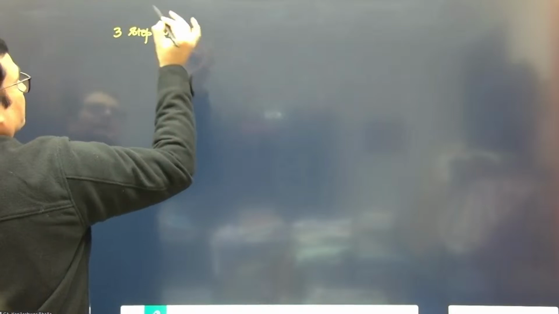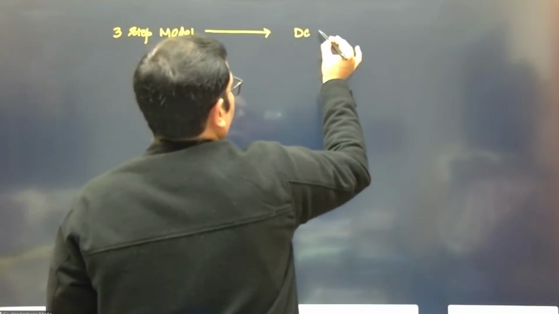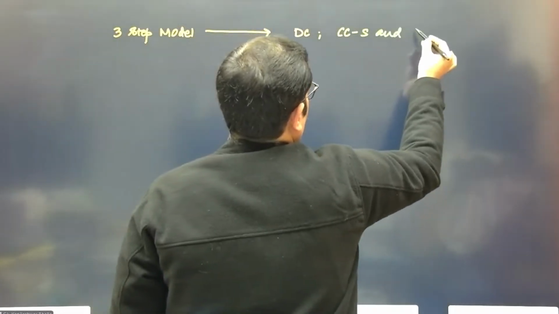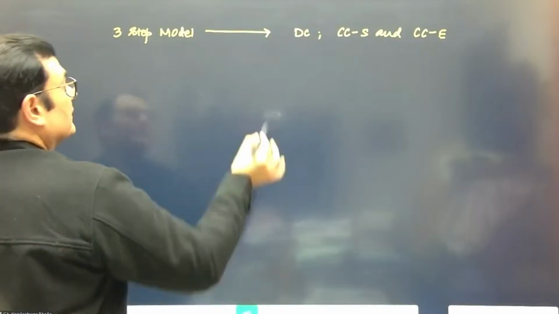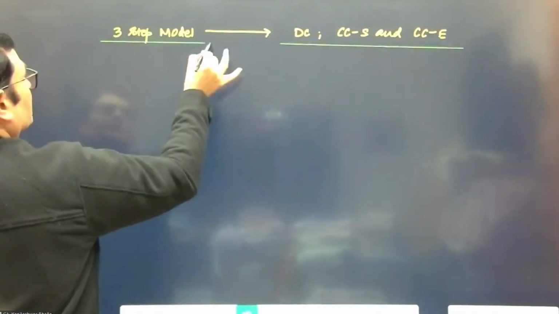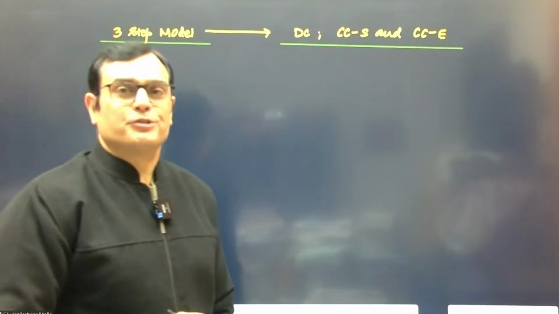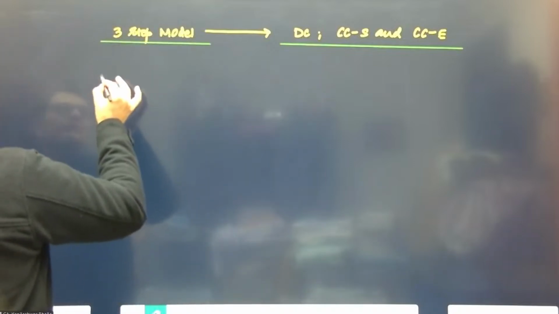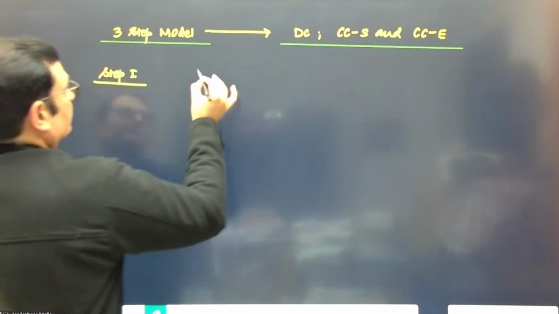And this 3-step model, I am giving you combined on a DC, CCS, and a CCE. So we're doing a combined model in terms of deferred consideration, contingent consideration, shareholders' capacity, and contingent consideration, employee capacity. So we're going to go with step number 1, and you're going to put a question.